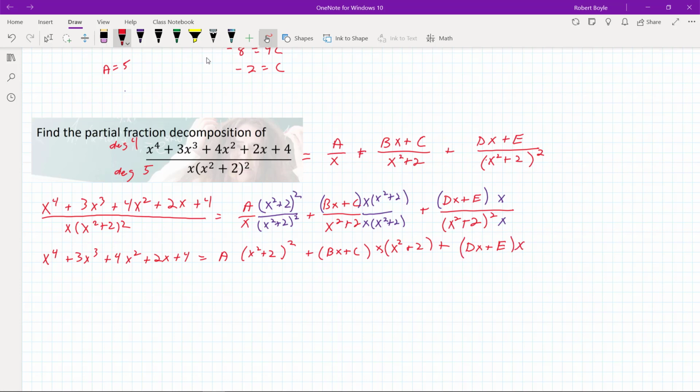Okay, so notice that this term has an x in it, and so does this. So one of the things that we can do is we can let x be equal to 0.